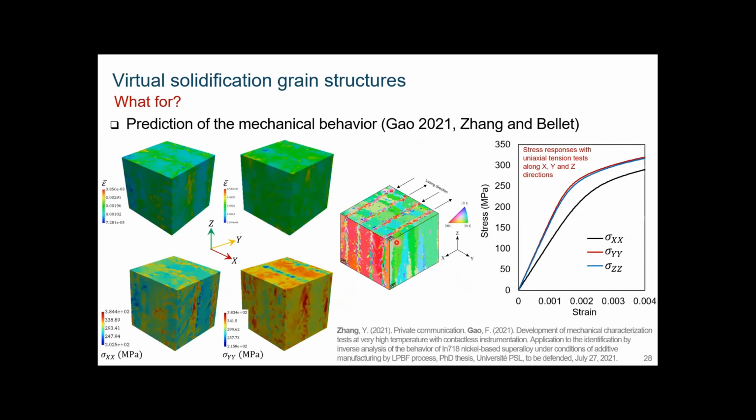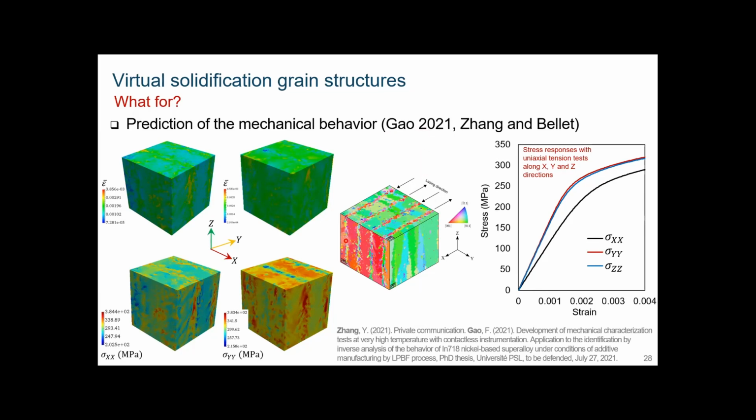My last transparency before the conclusion is about why we should do virtual solidification grain structures. There are several reasons. One of the reasons, I believe, is that we can better study mechanical behavior directly from virtual structures. And this is work done by my colleague Yansheng Zhang in collaboration with Michel Bellet. They have directed Feng Gao, another PhD student who will defend in a few weeks from now.